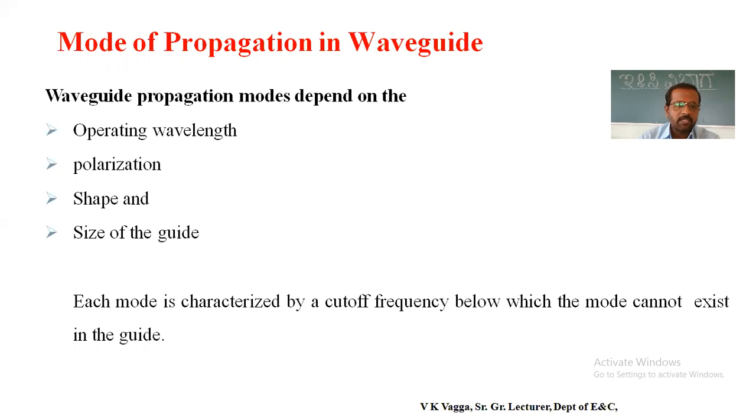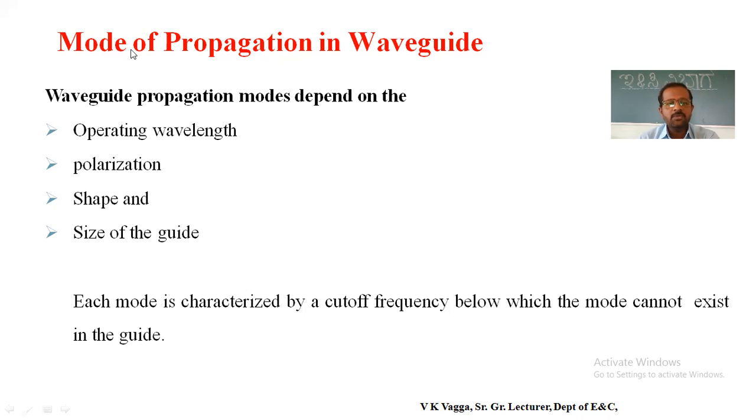Another is the polarization, under what phase the signal is going to move. Another is the shape: is it rectangular, circular, or ridged, etc. And the last is the size of that waveguide.